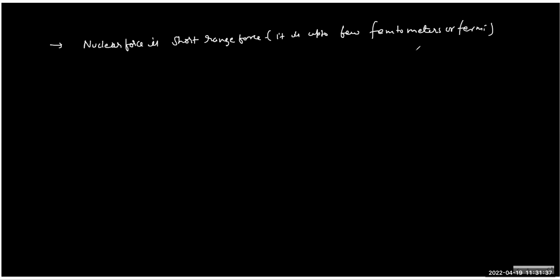We call it the Fermi range. I hope you know femtometer is 10 to the power minus 15. Let's put a heading: nuclear force. These are properties. Nuclear force is a short range force. It only acts up to a few femtometers.